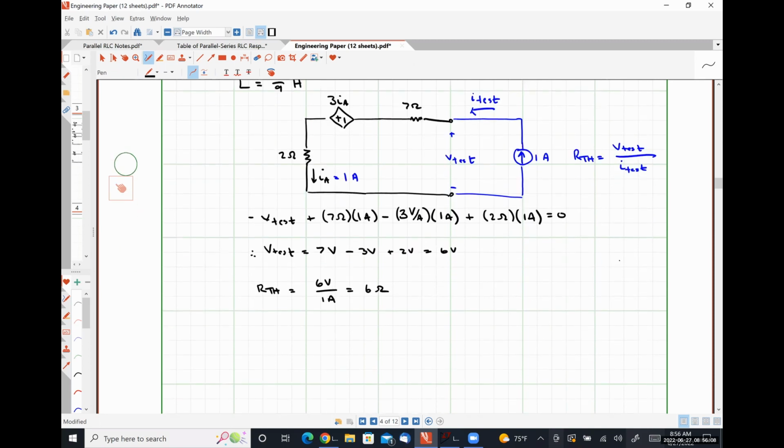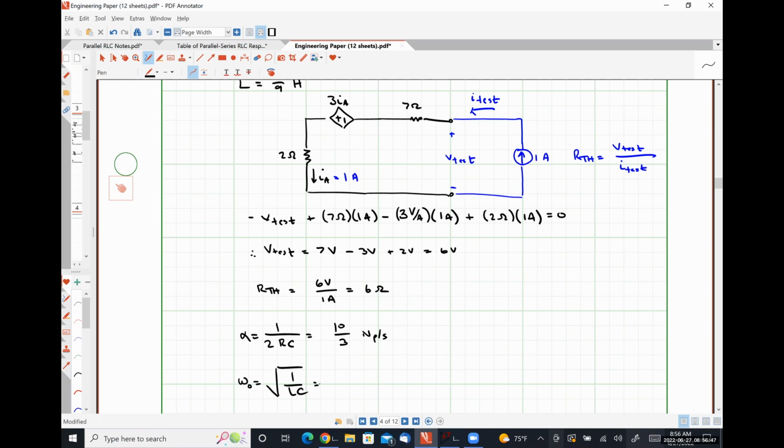From this, alpha is equal to 1 over 2RC. So 1 over 2 times 6 times C, which was 25 millifarads, comes out to be 10/3. Omega naught is the square root of 1 over LC.